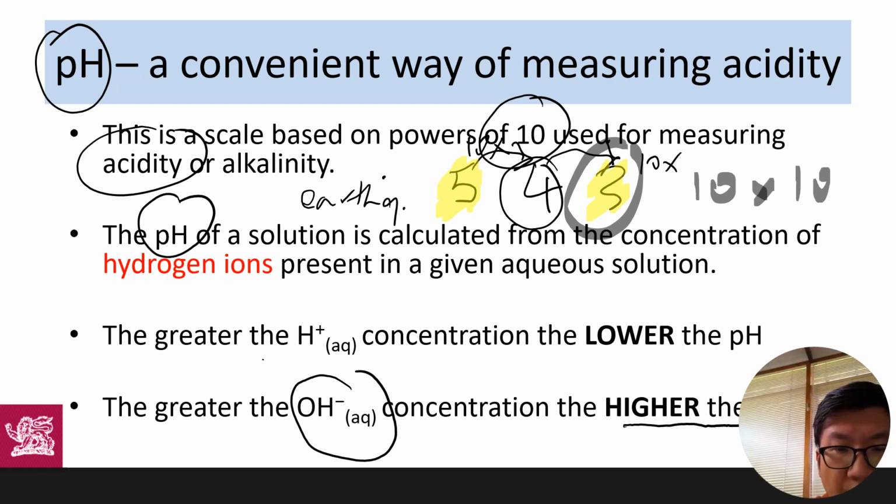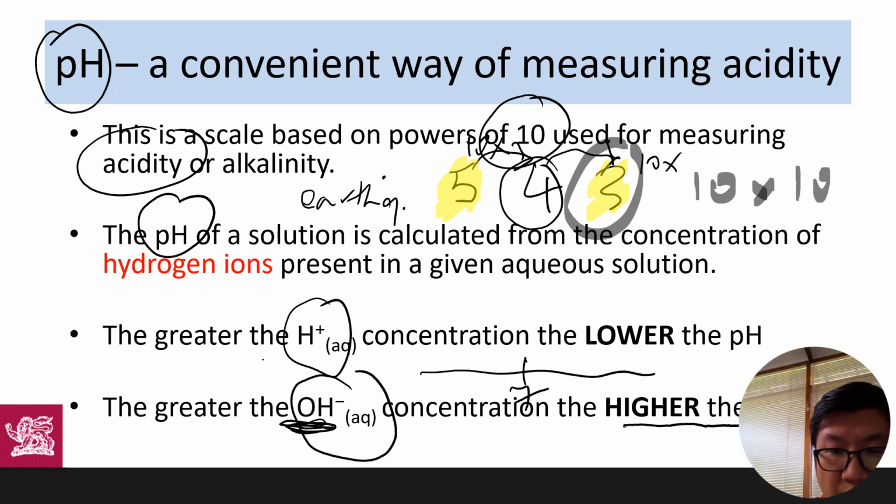That's because the greater the concentration of hydroxide ions, the lower the concentration of hydrogen ions. And back on the pH scale, we have neutral substances at 7, and more acidic substances towards 0.